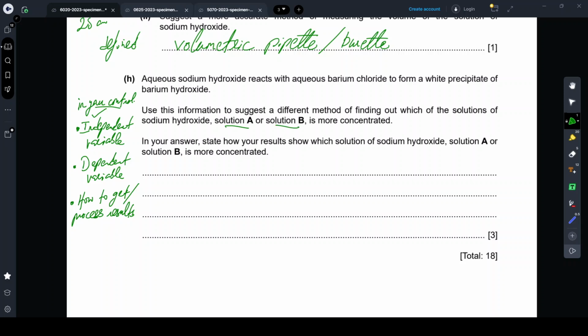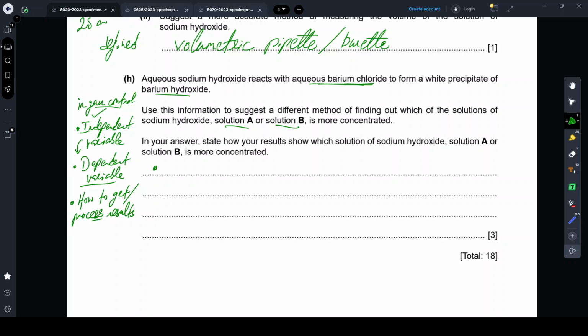Although it is unknown, that's kind of independent. The dependent variable is something that depends on the independent. Of course, it doesn't fit in directly, but the barium chloride solution, that is the dependent variable over here. That's what you're reacting with. And how to get results? So, getting the barium hydroxide.